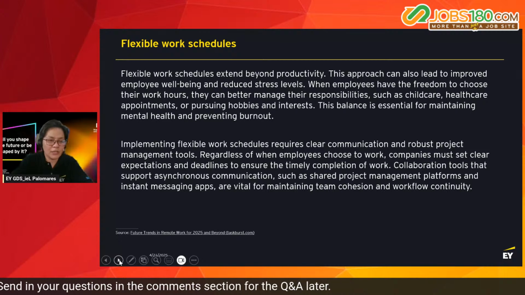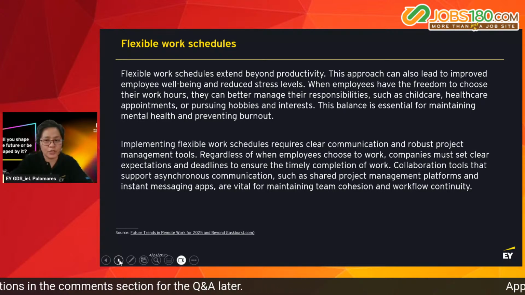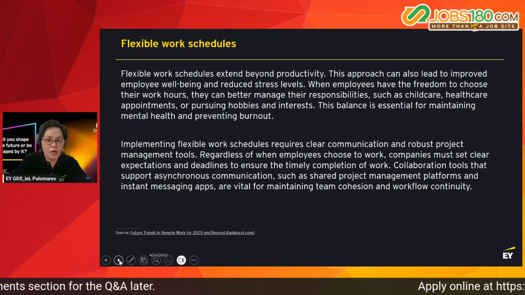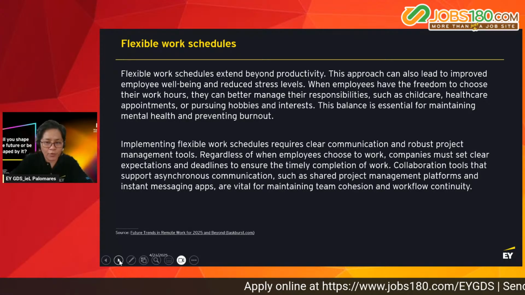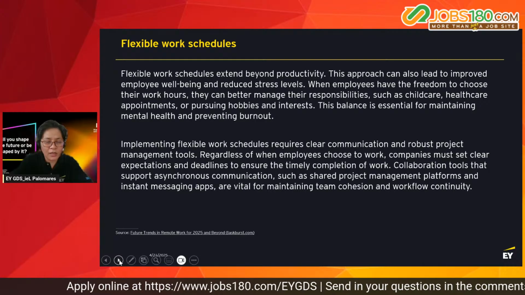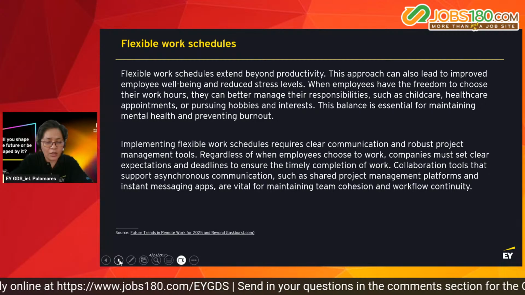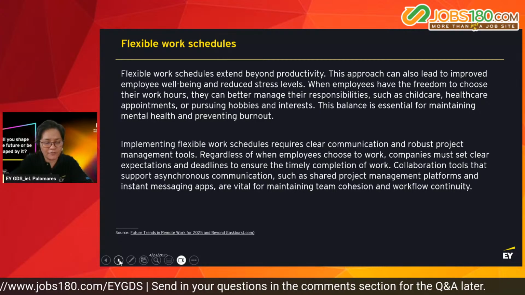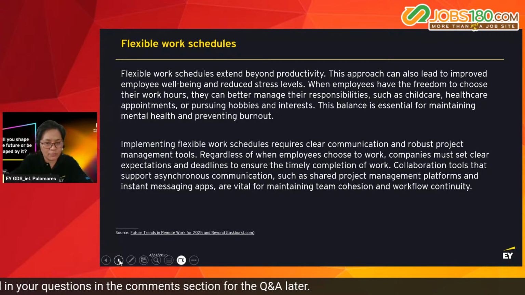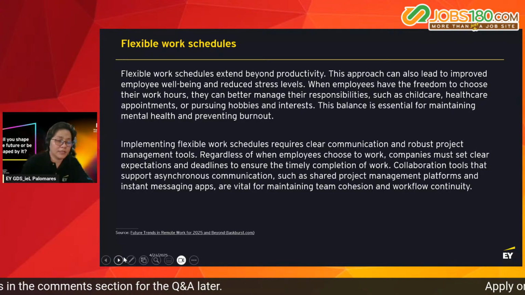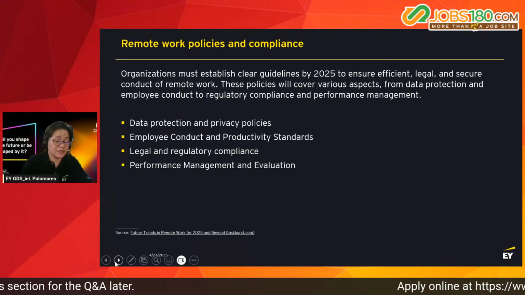Okay, so that's how we do flexible work schedule. It depends on your day-to-day activity and whichever the employee chooses in terms of work arrangement. And of course, at the end of the day, we have our goals, we have our targets and deadlines that we need to make sure that we'll be able to adhere to. Okay, so that's a difference.